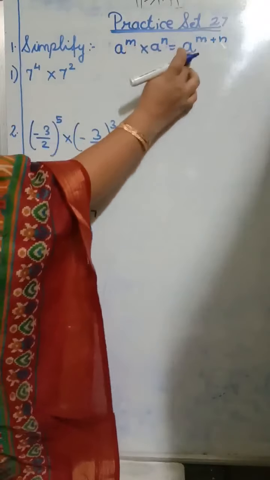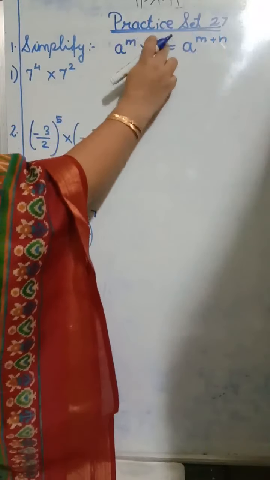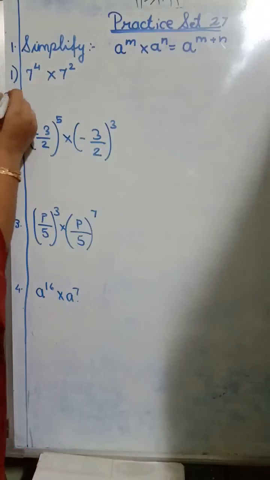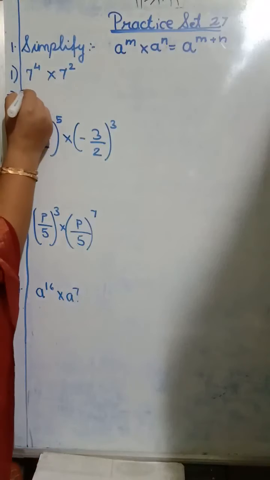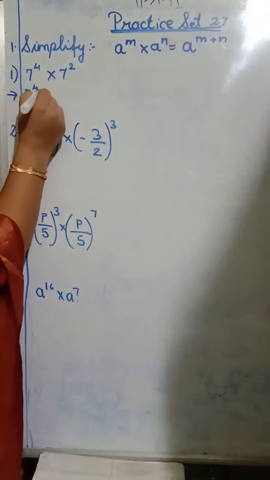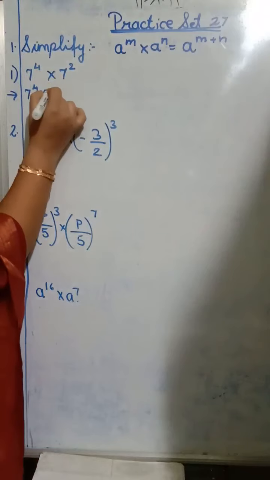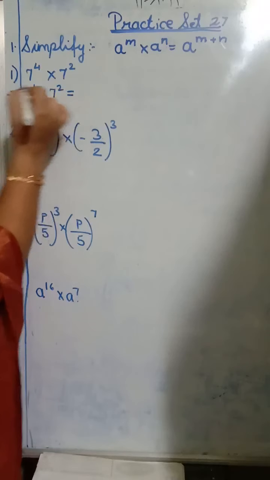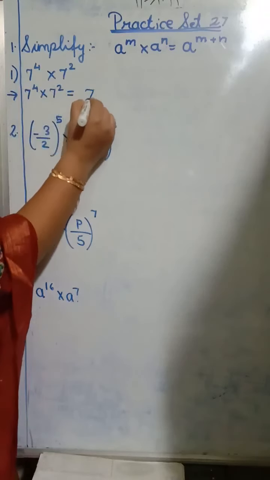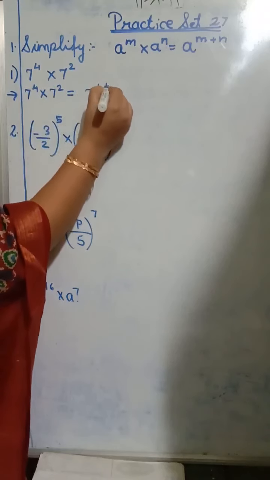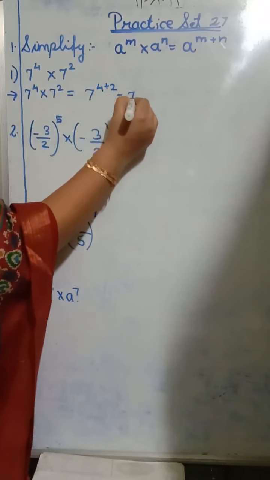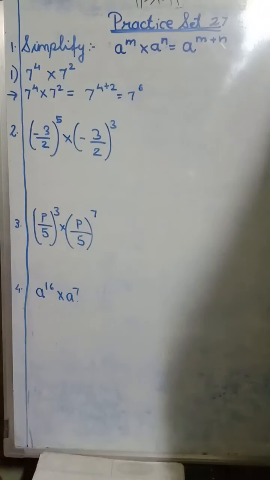Means the same base you will write once and the indices you will add to each other. So here, once we write the question, 7 raised to 4 multiplied by 7 raised to 2 equals 7 raised to 4 plus 2, that is equal to 7 raised to 6.